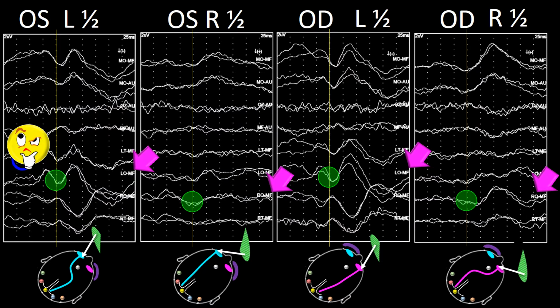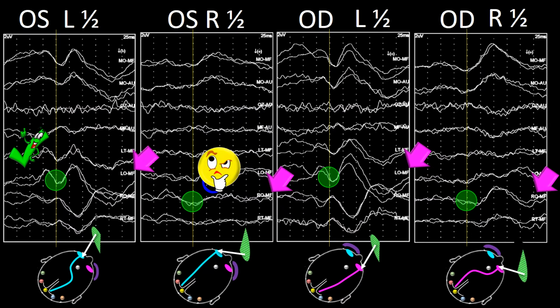Then you can look at the first panel and consider the position of the P100, which is the place where they both cross. That is where both lines cross. And in this first panel, it is normal.